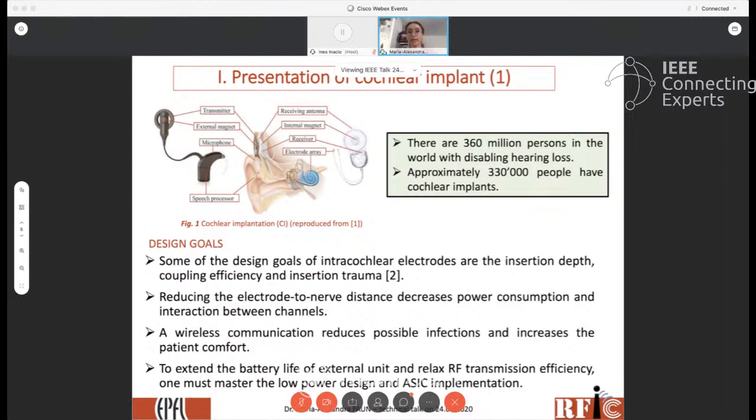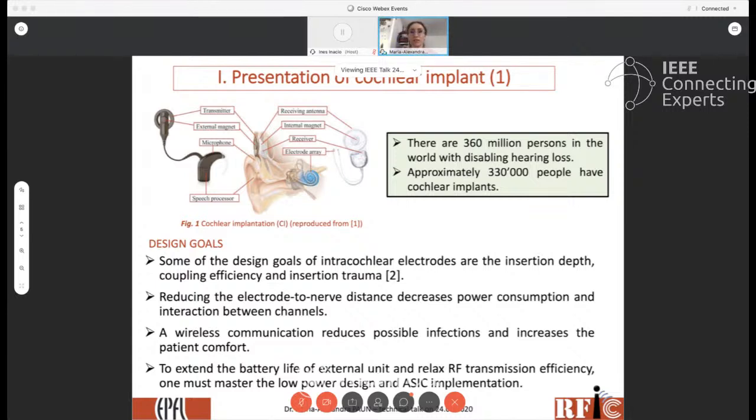In this way, we recreate the initial sound signal from the outside that a normal person would have heard just by having the auditory nerve properly functioning.